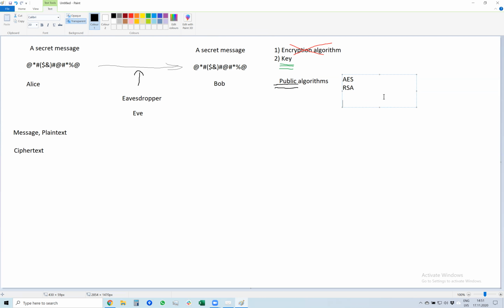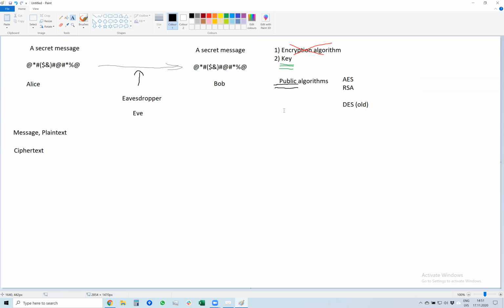And some older obsolete algorithms are, for example, DES, and I think Blowfish is also old. So, maybe three are enough. So everything is based on the key.